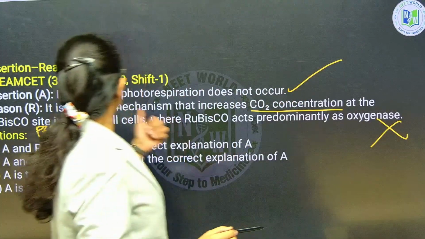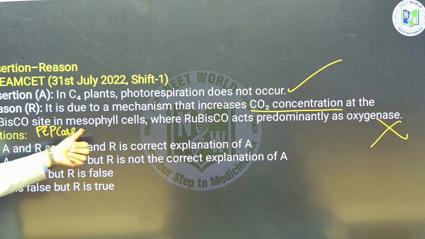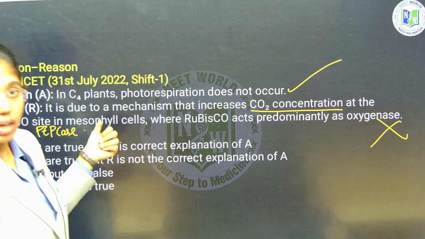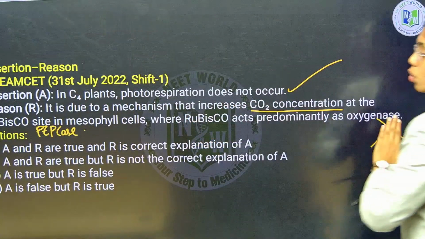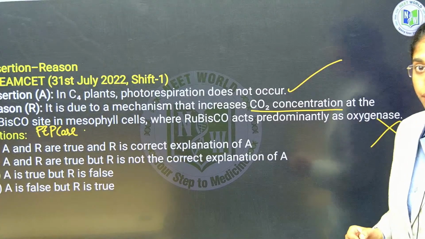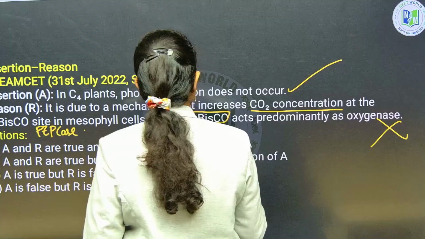So here the assertion is true and the reason is false, because in mesophyll cells it is PEP carboxylase, the enzyme which is fixing the carbon dioxide, and there is no point of oxygenase activity of rubisco, because rubisco is present in bundle sheath cells.